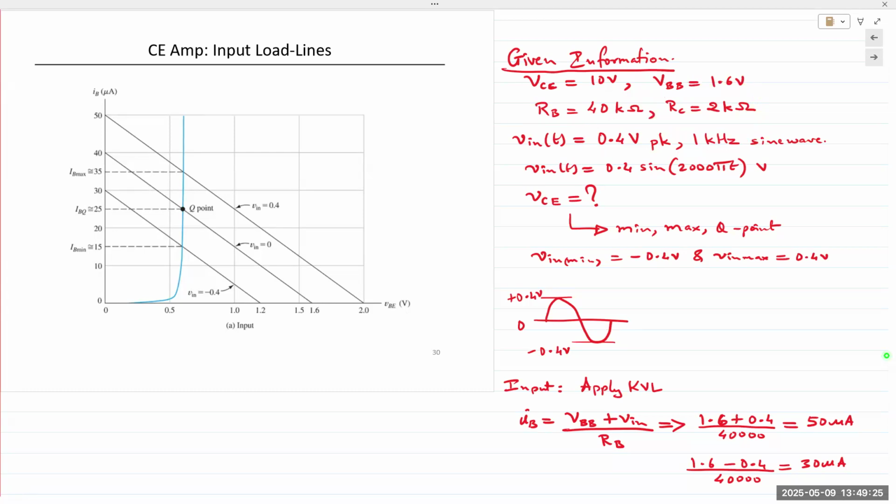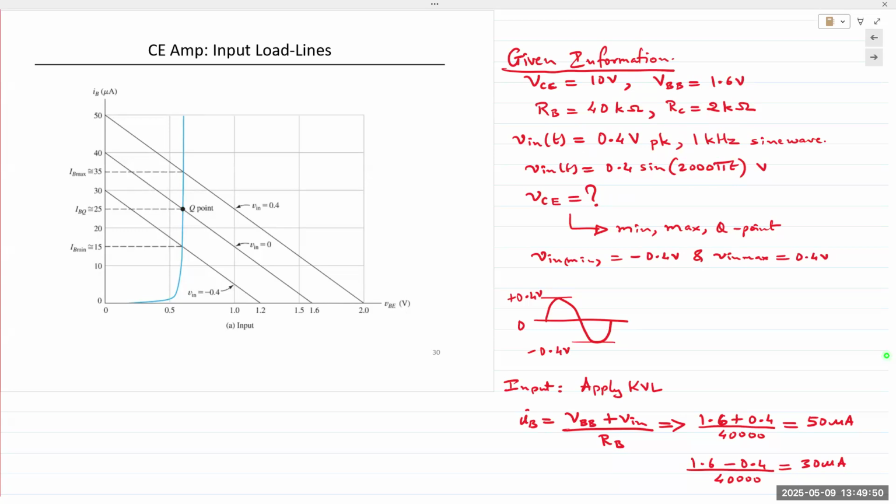Frequency, we don't really care about. What we care about is the input voltage. If it says it's 0.4 volts peak, that means the signal is mathematically described as 0.4 sine of 2000 pi t. Again, omega is 2 pi f, so sine omega t, 1K gives us 2000 pi.